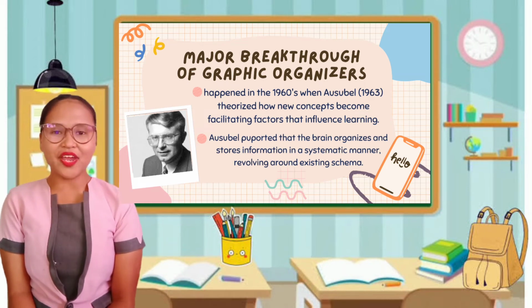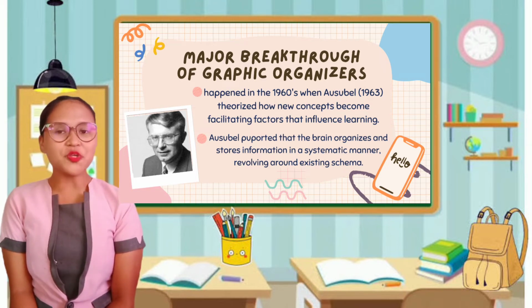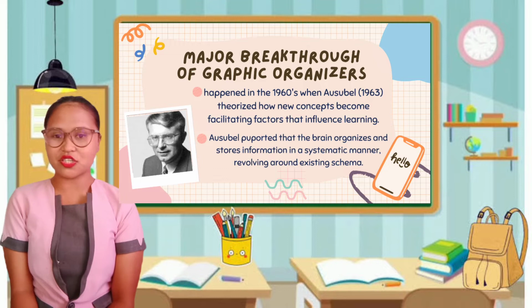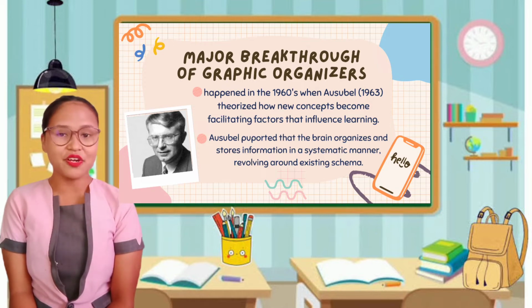The major breakthrough of graphic organizers happened in the 1960s when Ausubel theorized how many concepts become facilitating factors that influence learning. He purported that the brain organizes and stores information in a systematic manner revolving around existing schema.